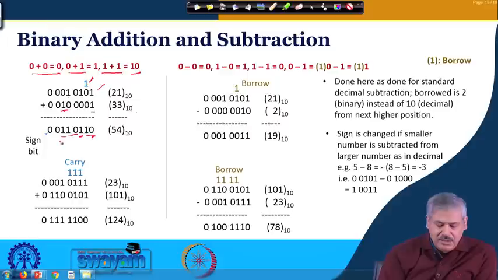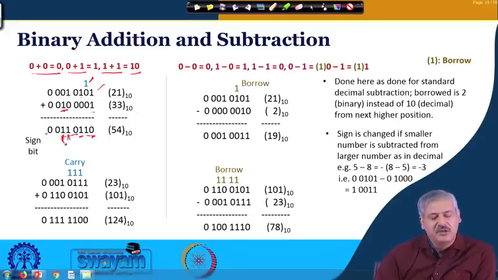So, we get 1 1 0 1 1 0. This is the number that we get. This is 2 to the power 5, 32, plus 16, that is 48, plus 4, that is 52, plus 2, that is 54.